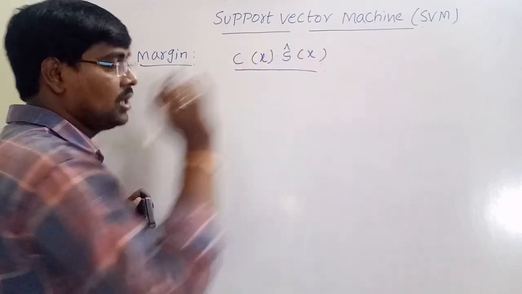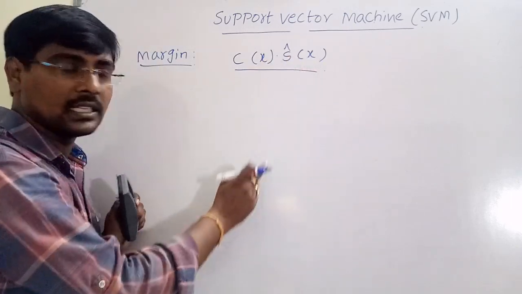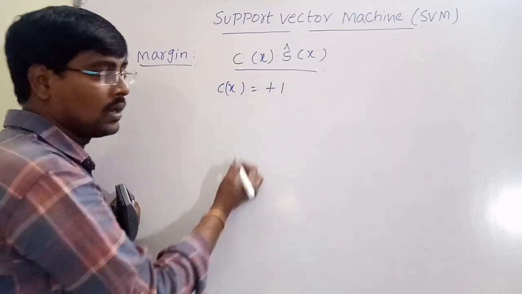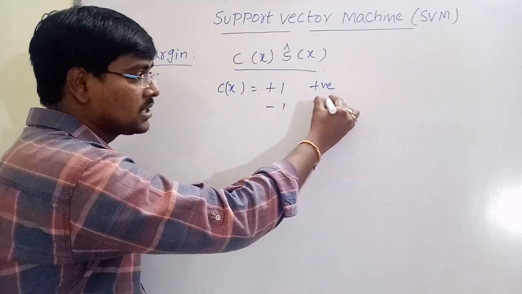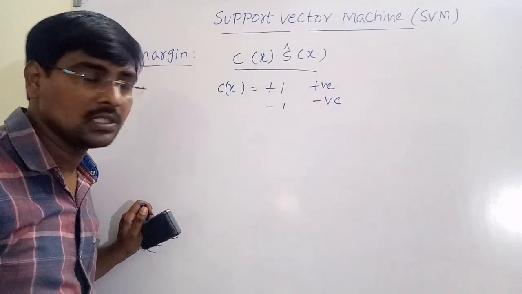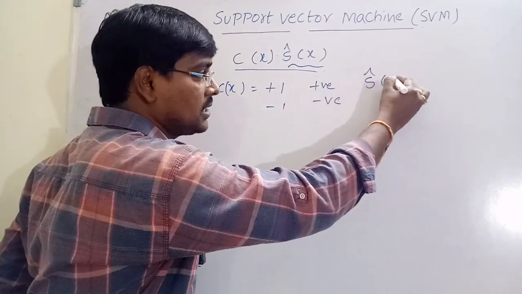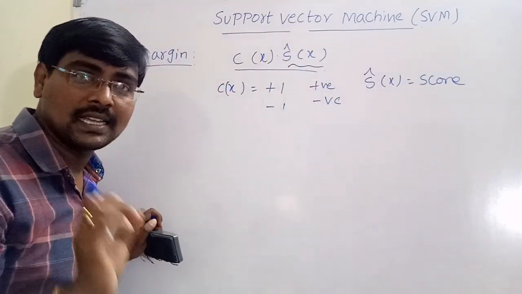This is the margin of a particular example, where C of x is equal to +1 for positive examples and -1 for negative examples, and S cap of x is the score for the instance x.